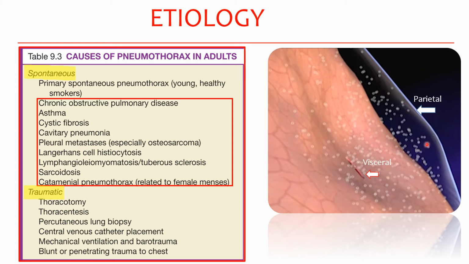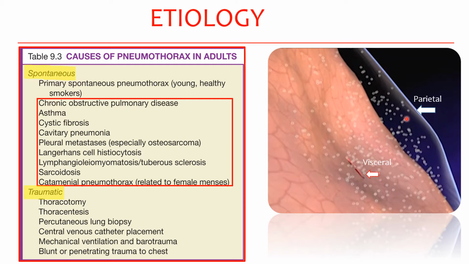So as far as the pathophysiology of a pneumothorax is concerned, if you see here, this is the visceral pleura and this is the parietal pleura. So normally there is a tear in this visceral pleura which is called a rent, and air leaks out, and once this seals, only then does the pneumothorax stop enlarging, and this often seals by itself. If this does not seal, then the pneumothorax will go on increasing.